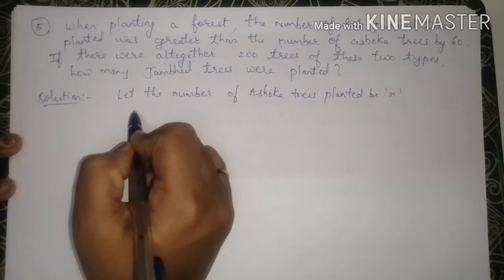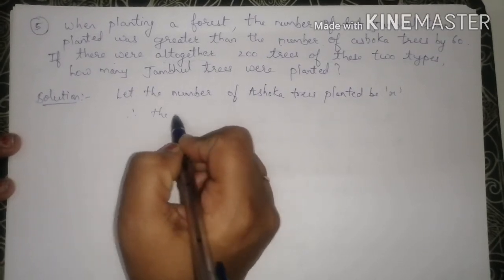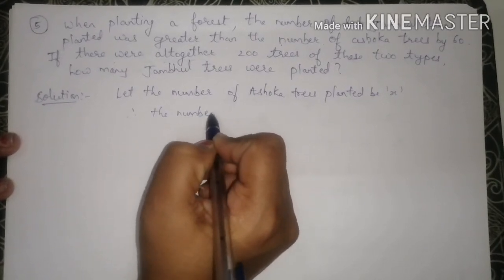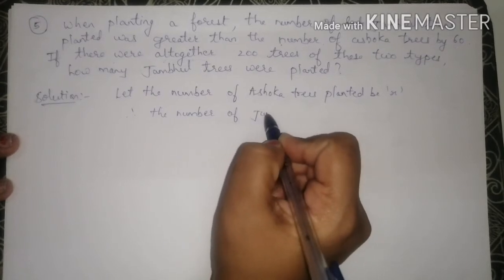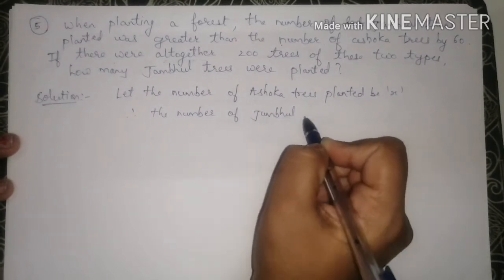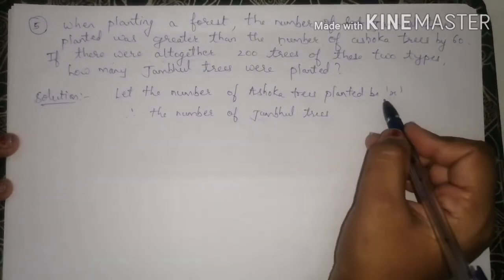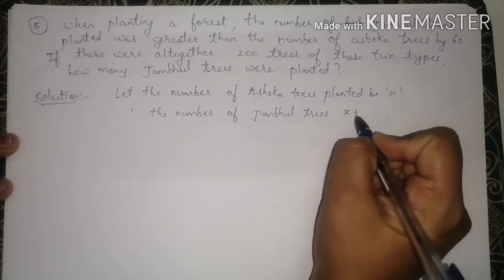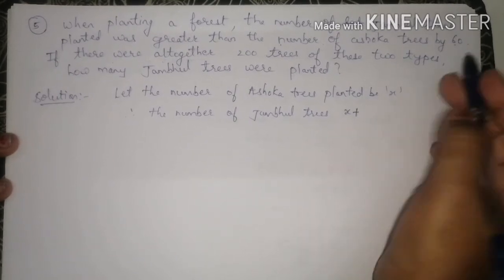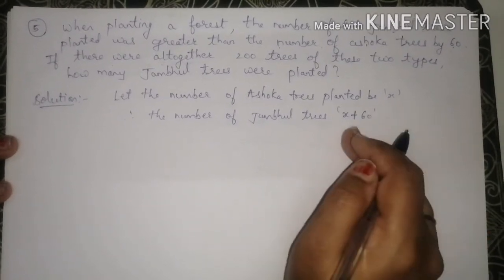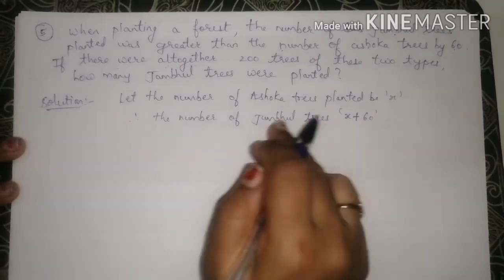So how much will be the jambul trees? Therefore, the number of jambul trees will be greater than Ashoka, so x, then greater means we'll put plus. By how many are they greater? 60. So x plus 60 jambul trees.